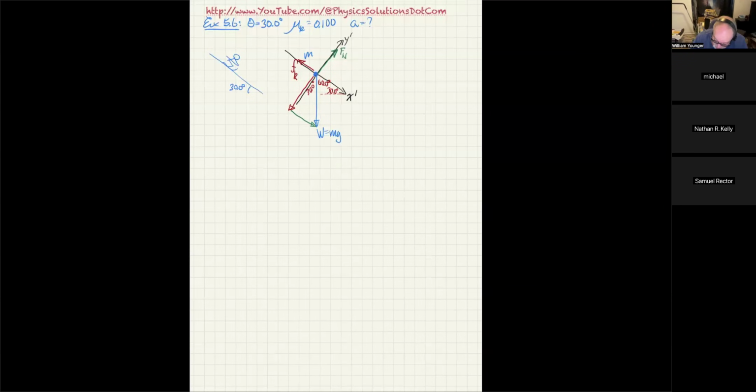And from trigonometry, we can see that the sine of 30 degrees is equal to opposite over hypotenuse. So this side is given by sine, and this side is given by cosine. So we can go ahead and write, using the colors that they are, this side is going to be mg cosine 30 degrees, and this side is going to be mg sine 30.0 degrees.